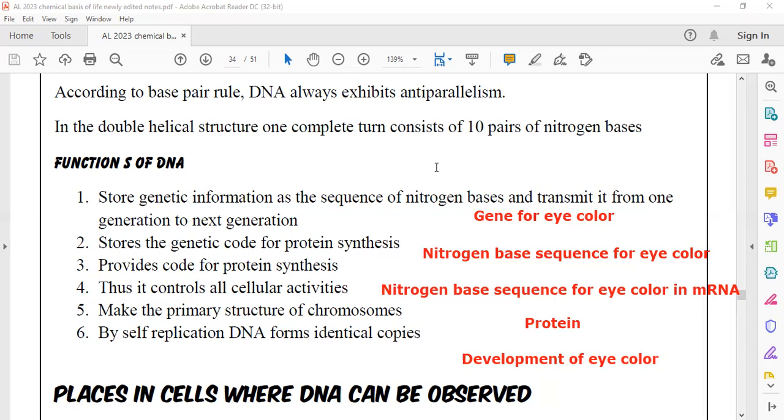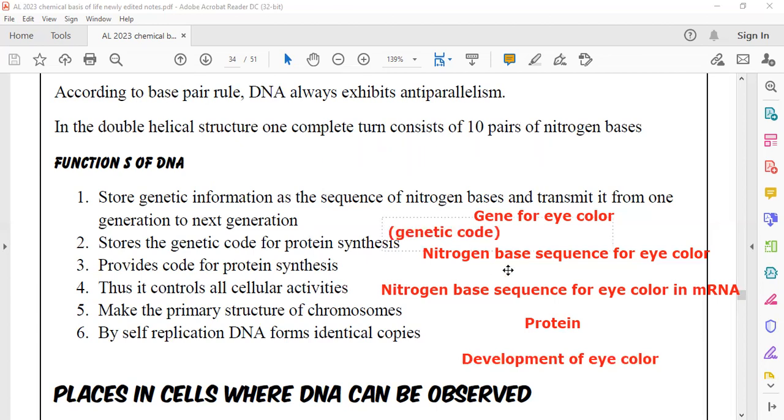So it is clear DNA is responsible for the synthesis of protein. It provides the nitrogen base sequence, that is what we call the genetic code.